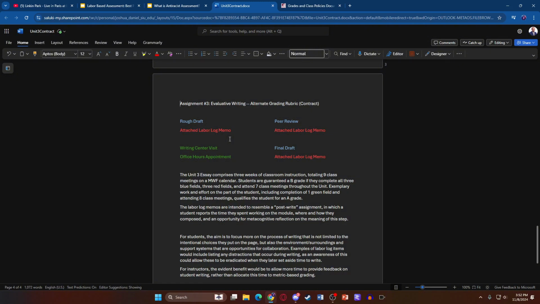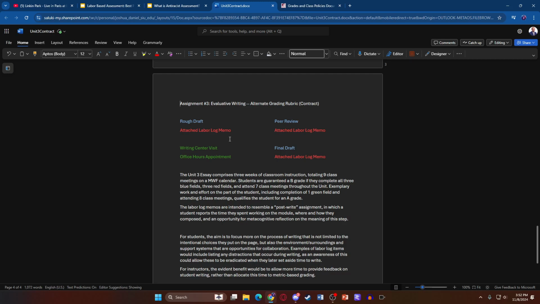And this is something Dr. Johnson referred to as time logs. I like thinking of these as labor logs with a time component, because what I'm expecting the students to do in the labor log memos is to give a description of what their writing process was for each part of that assignment. And this isn't all just metacognitive reflection. I guess it is, maybe in a watered down sense.